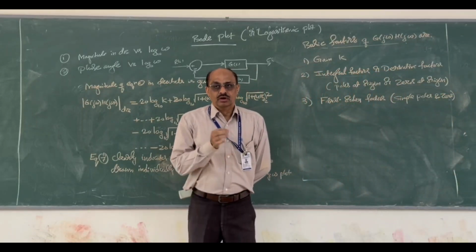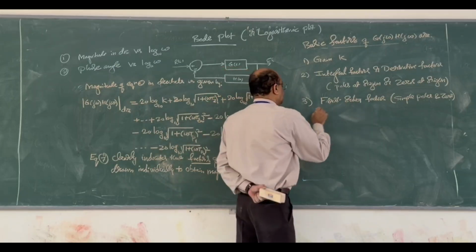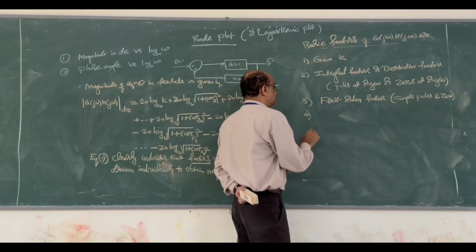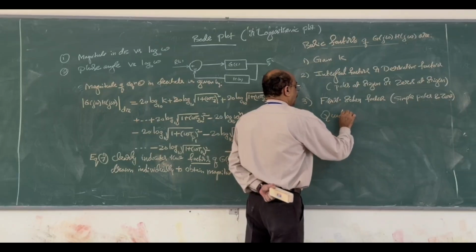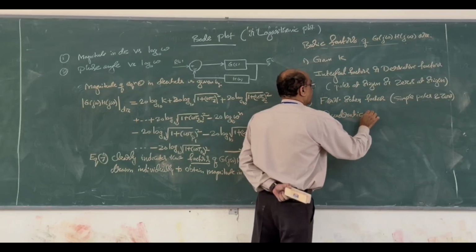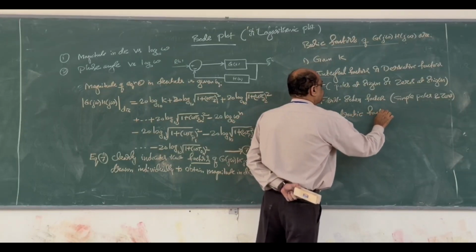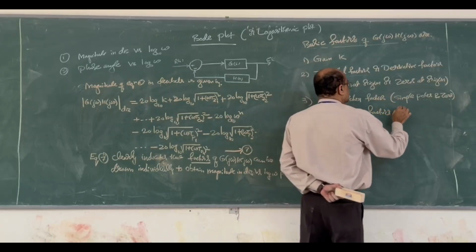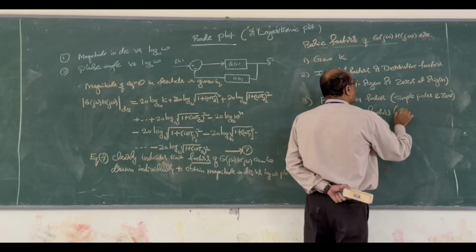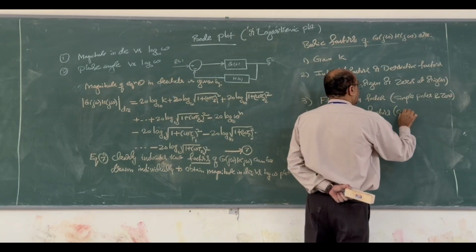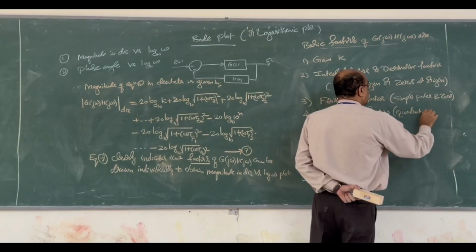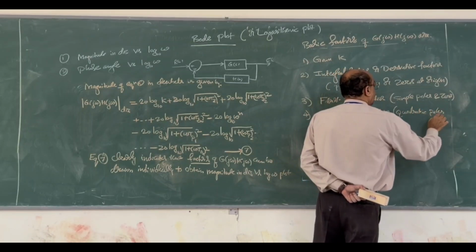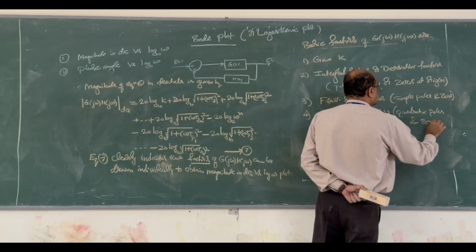So the fourth one is quadratic factors. So this is quadratic poles and zeros can exist.